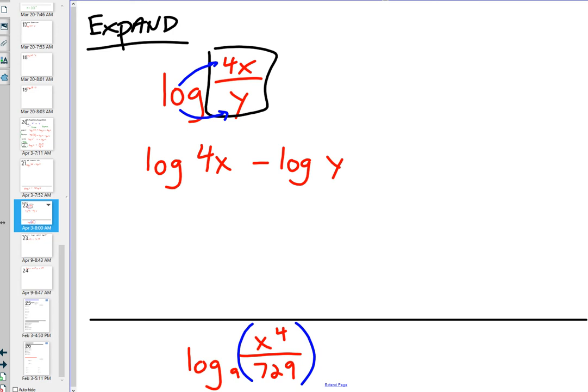Am I done? Has this been fully expanded? Why not? I'm being asked to expand. Has this been fully expanded? Is there any property of log that can be still used?